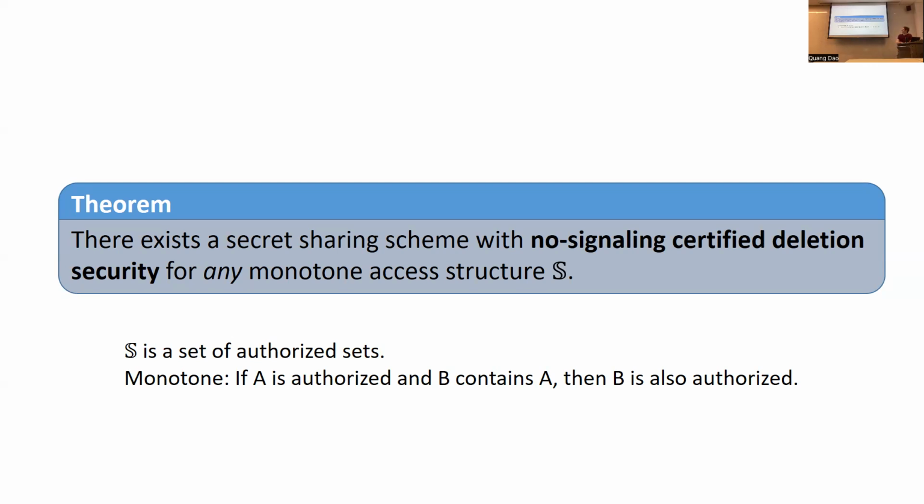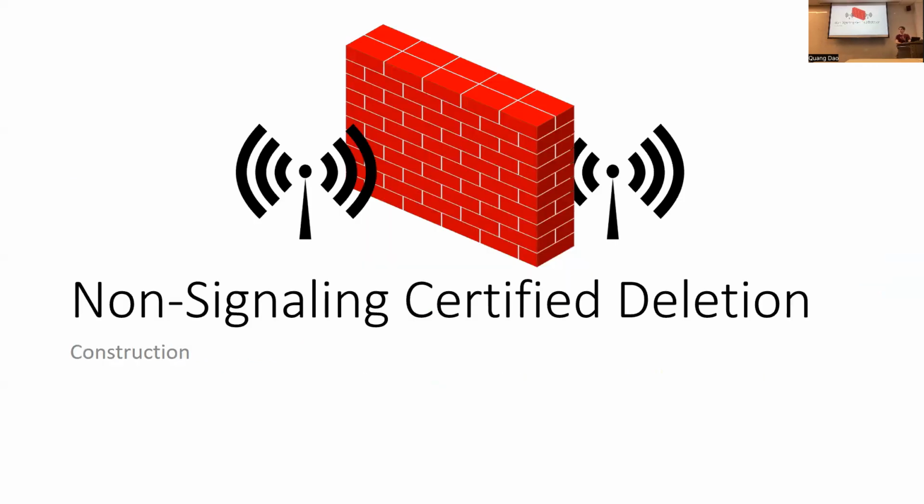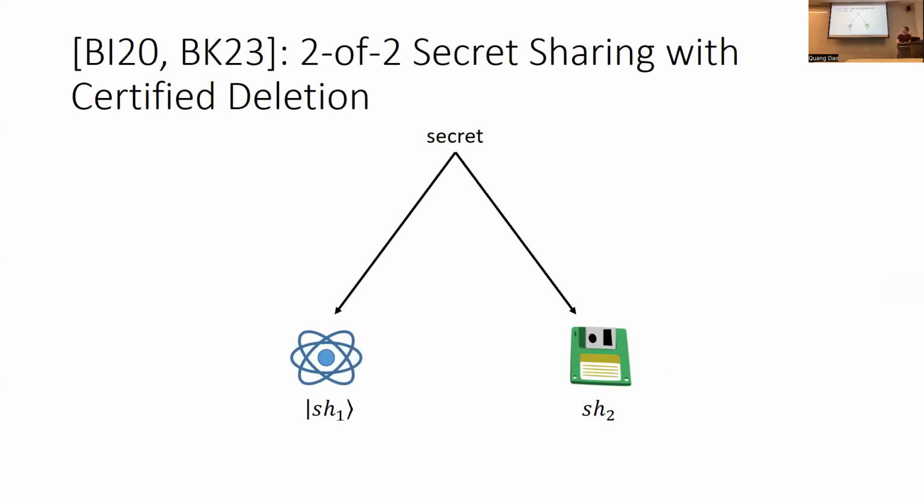Okay. Let's go ahead and move on to the construction then. First, I'm going to recall a very limited form of secret sharing that some prior work did. Bartusek and Khurana explicitly looked at this form of secret sharing, and the original certified deletion paper by Broadbent and Islam can also be viewed as having introduced this form.